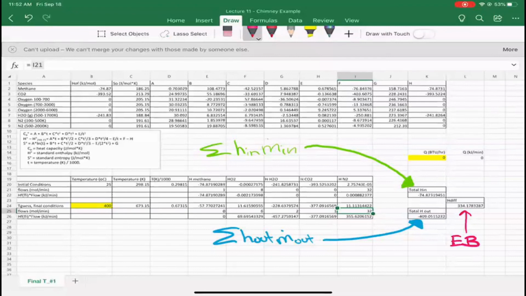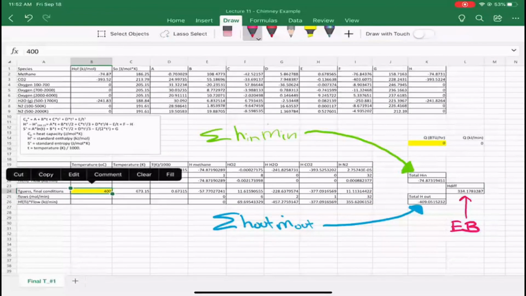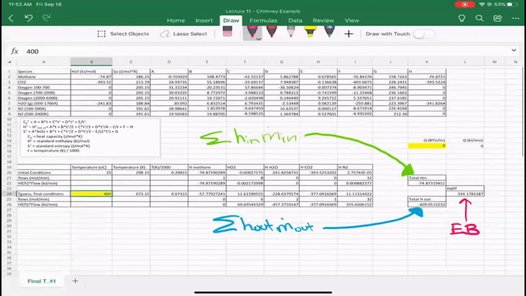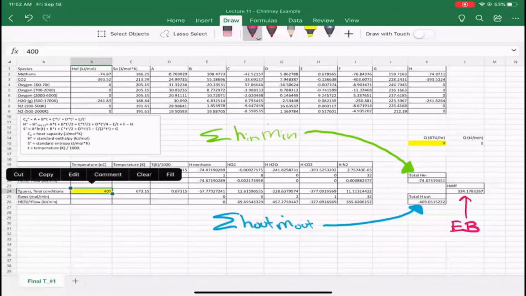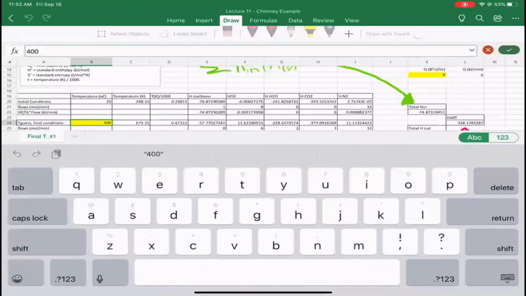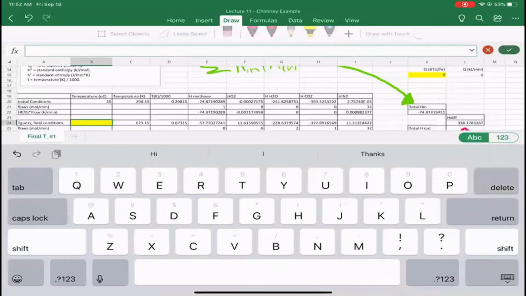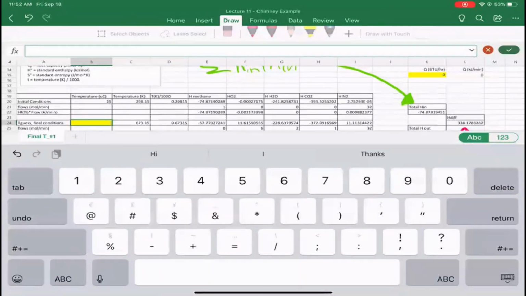So here's where in a spreadsheet like this, we could use goal-seek. Right now, the iPad version of Excel doesn't run macros, so you can't actually do that. But one of the things that I could do here is to change the temperature, if it's going to let me do that. When I ran this before, it was like 650-ish.